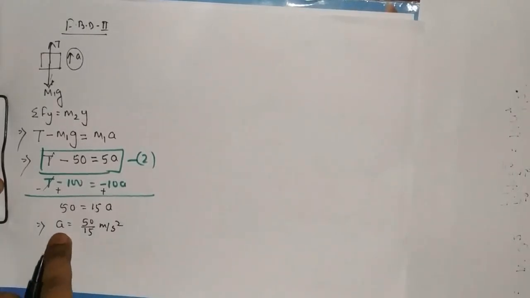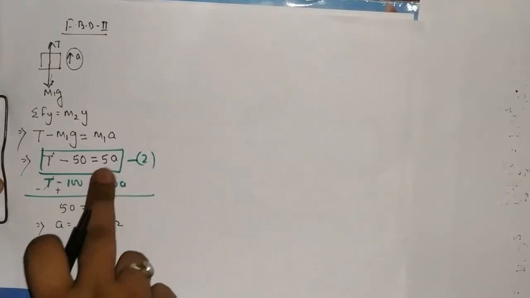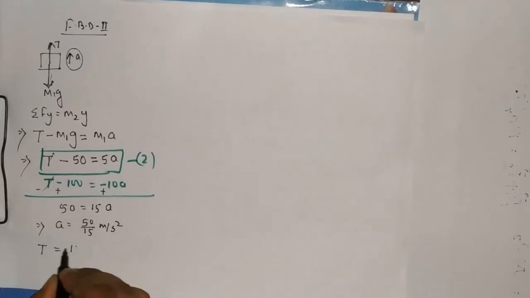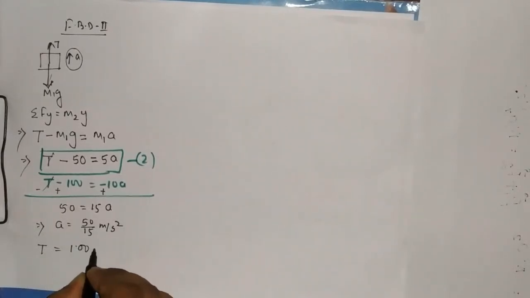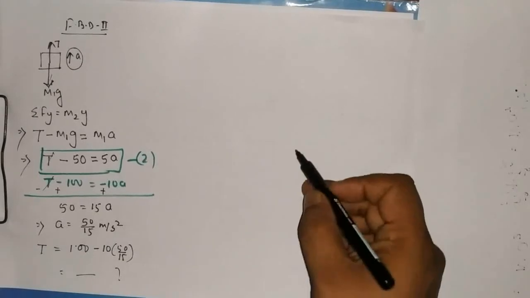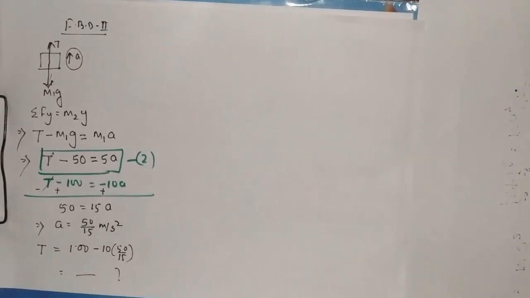And if I put that value of a in either equation 1 or equation 2, I will get T. So I will write T equal to 100 minus 10a, that is 50 by 15. After solving, I will get T. I think it is clear. You have to solve it. My problem is like this, lots of problems we have to solve.